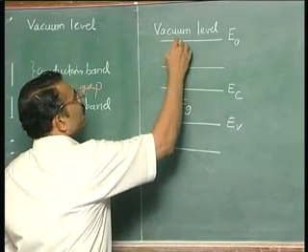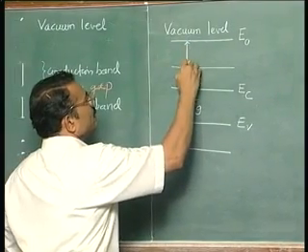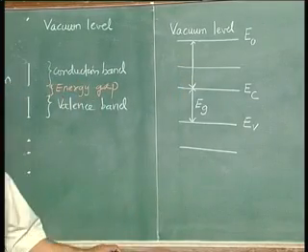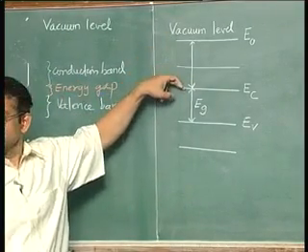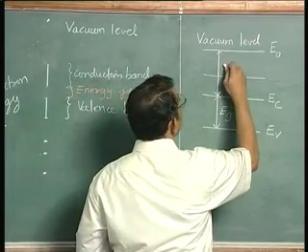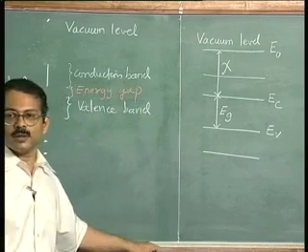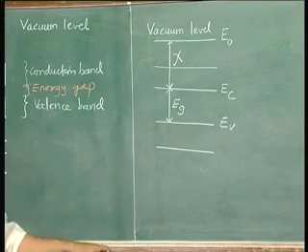Now the difference between E naught and EC is called electron affinity, usually denoted by the symbol chi, Greek letter.